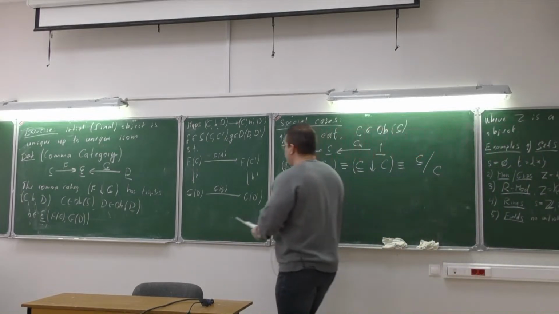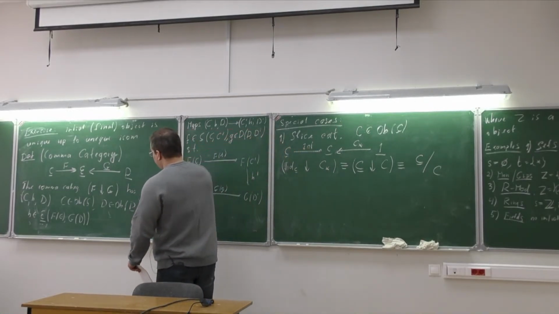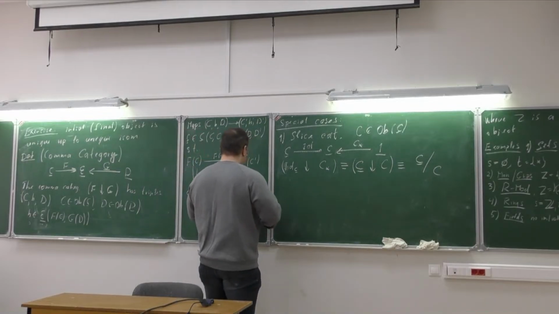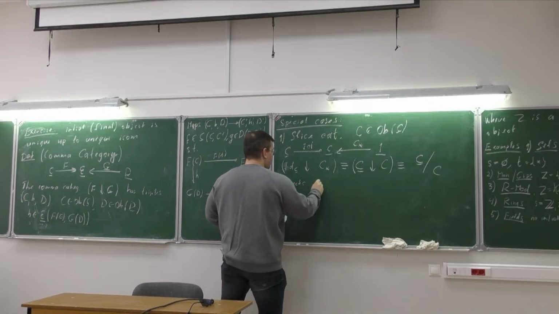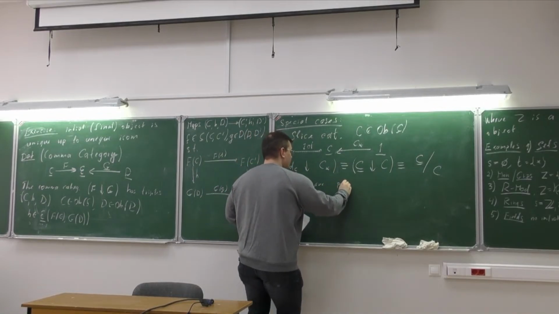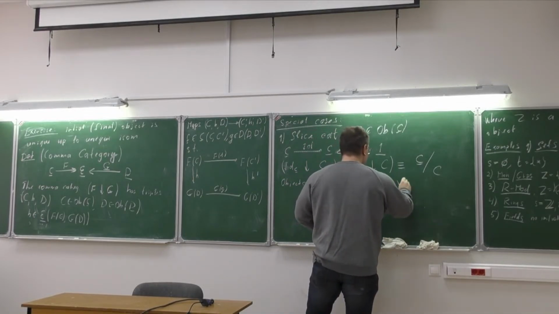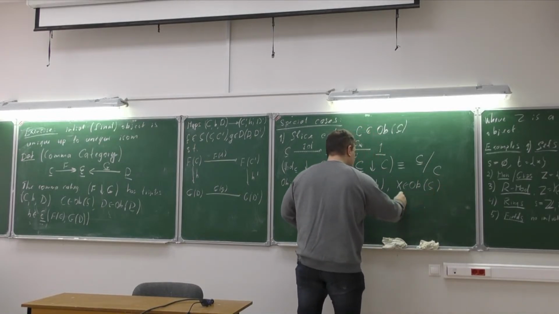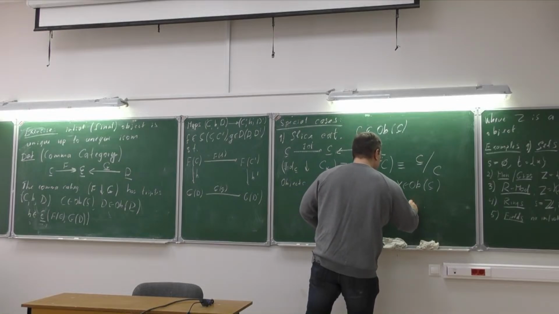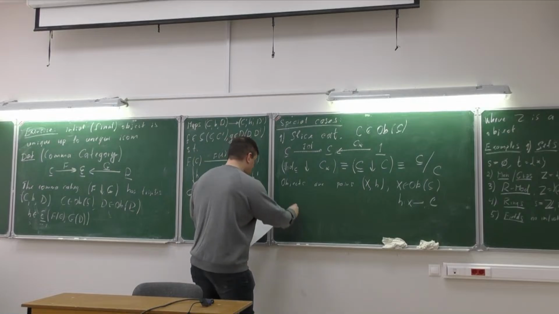Well, if you just look at this diagram and plug this special diagram into the definition, you'll see that the objects are pairs x and h, where x is an object in the category C, and h is a map from x to C. And the maps in this situation are the following.